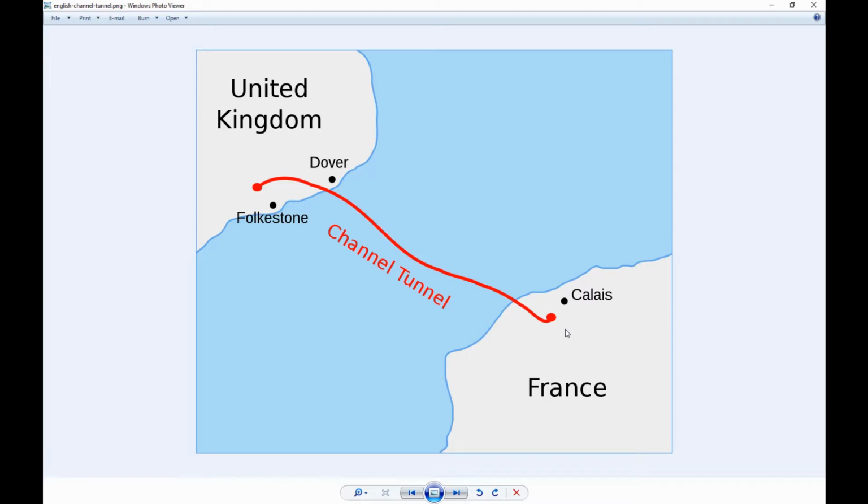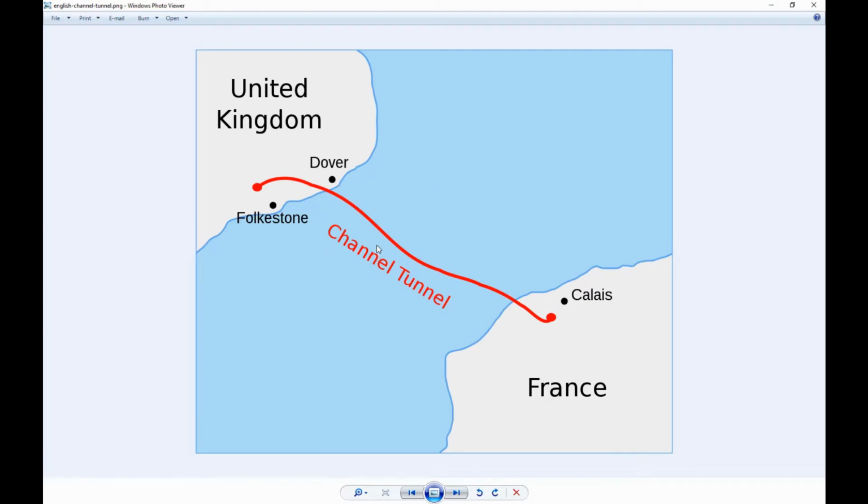It's the longest undersea rail tunnel in the world. It's a 31.3 mile railway tunnel, and it connects Folkestone, which is in Kent in England, with Coquelles in France, and it goes under the English Channel here at the Strait of Dover.